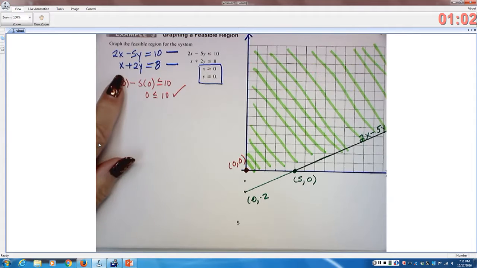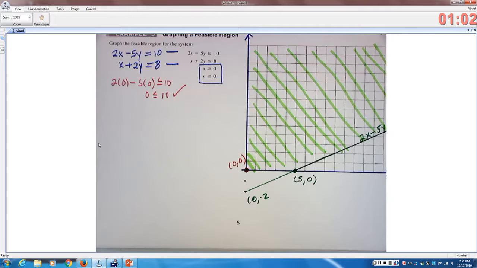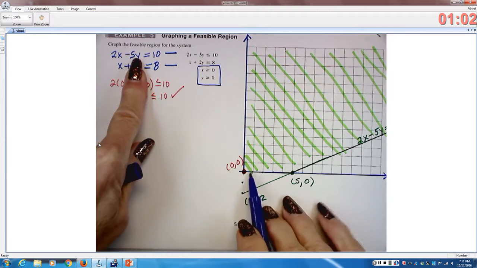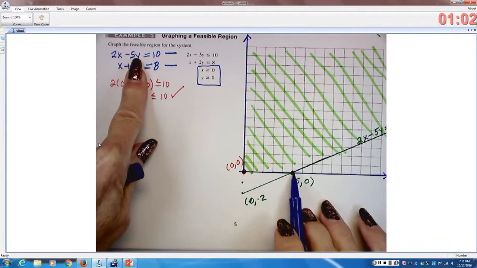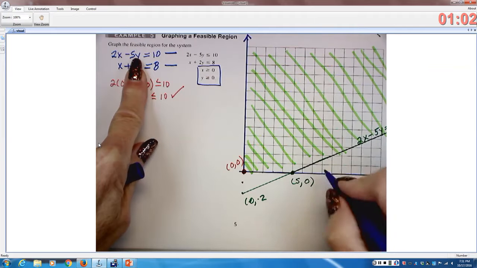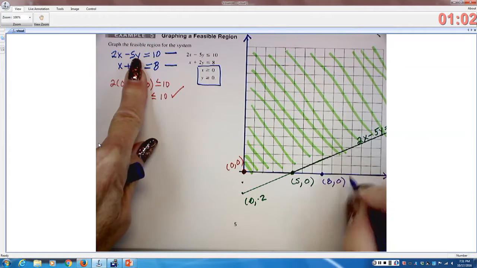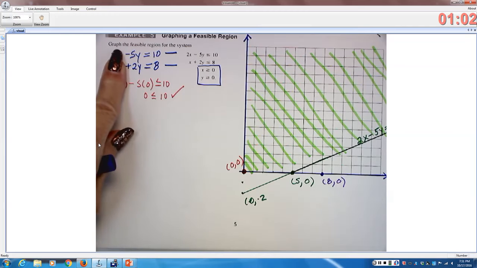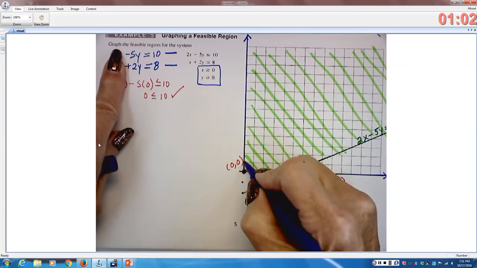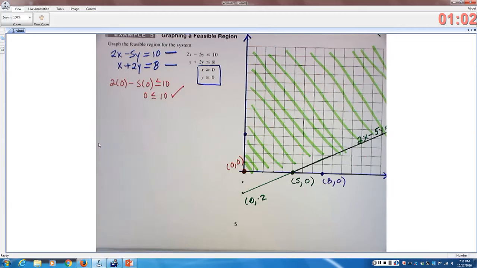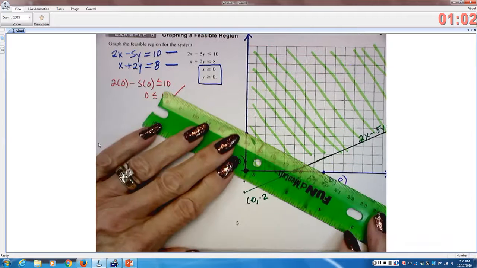And then I'm going to look at x plus 2y equals 8 and try to draw its graph. Let's see, if y is 0, x is equal to 8. And if x is 0, y is equal to 4. That would be this line.